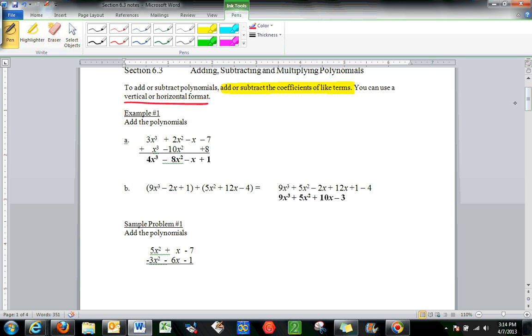If we're adding polynomials, the first thing that we've got to be very careful about is that we stack like variables on top of each other. And what I mean by that is this. If you can see this, we have x to the third, and x to the third. We have x squared, and x squared. But in this next one, we only have one x available.